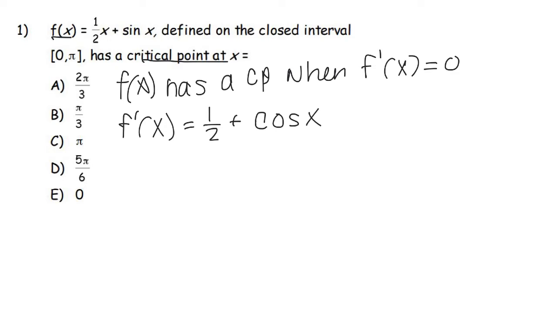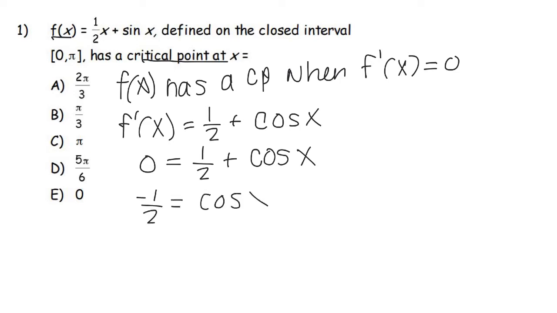And then if we set this equal to 0 and solve, we have 0 equals 1/2 plus cosine x. And so we're looking for what values around that unit circle, listed over here as our multiple choice, are going to give us negative 1/2, and that's going to be answer choice A.